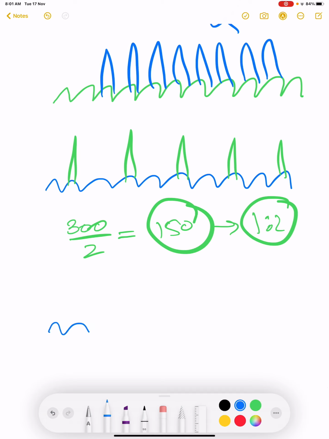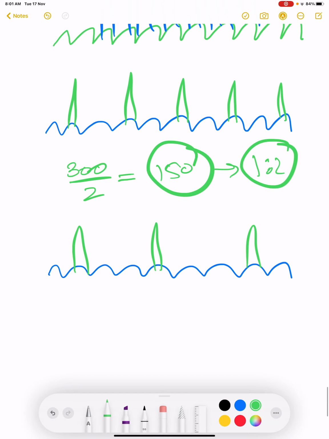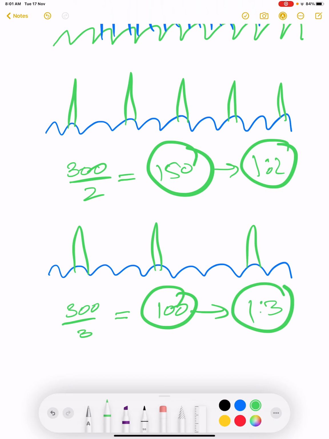And if our AV node is blocking even further, it is blocking 2 waves and allowing every third wave to pass, then what will be the rate? 300 divided by 3, it will be 100. So if the rate is 100 with flutter waves, we will say that it is 1 to 3 block.